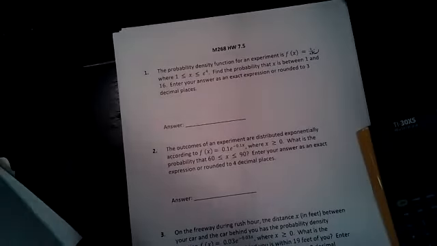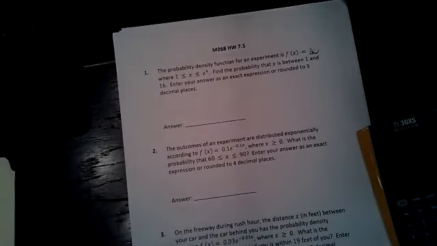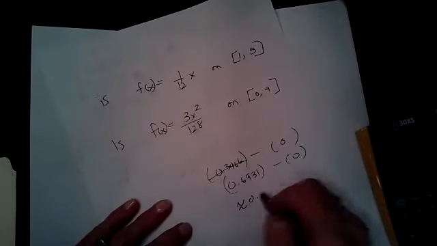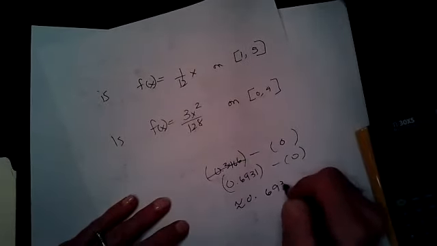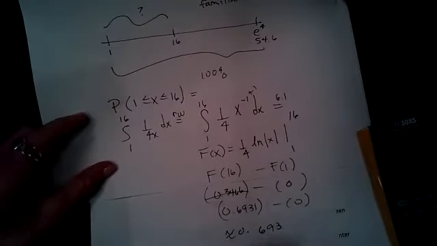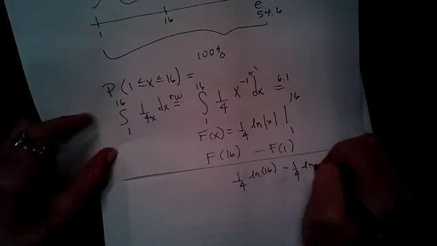So leaving it exact or rounding it to 3 decimal places will give me .693, and the exact would be 1/4 ln of 16 minus 1/4 ln of 1.